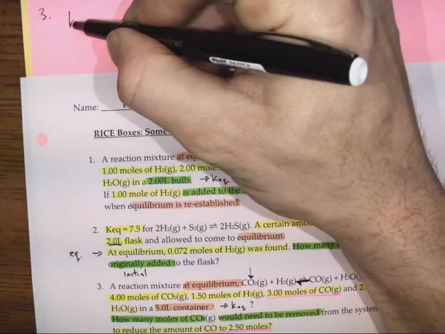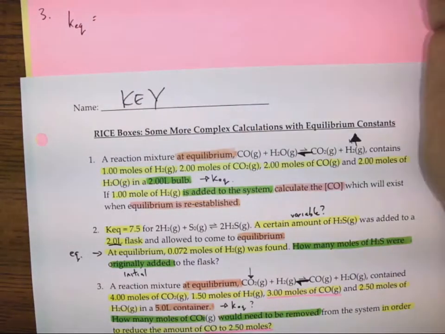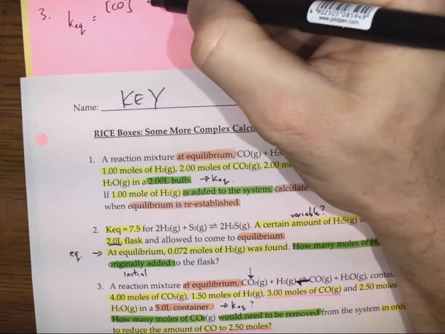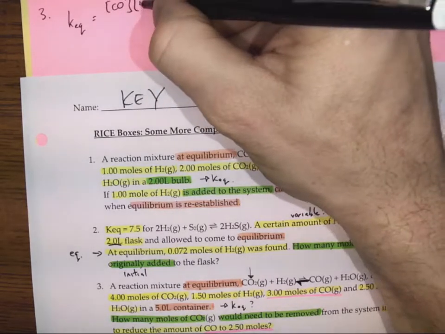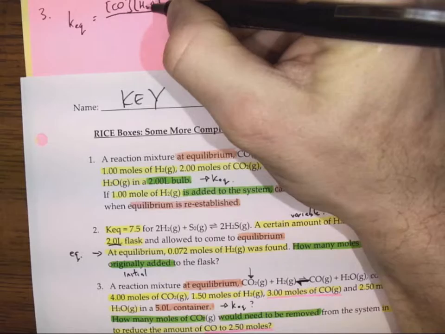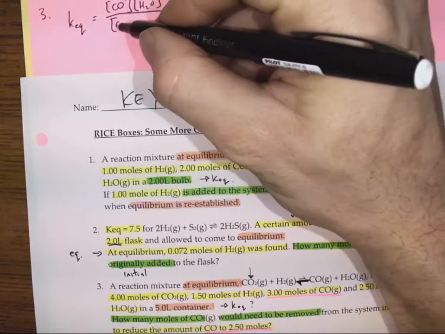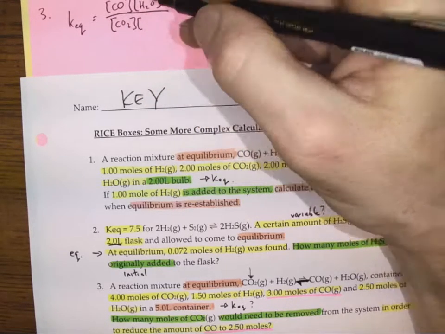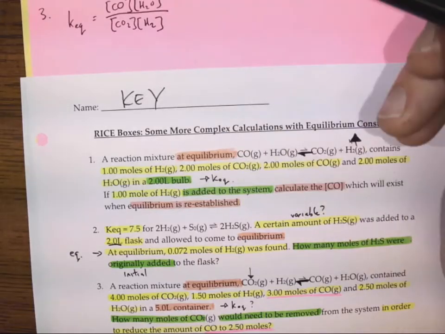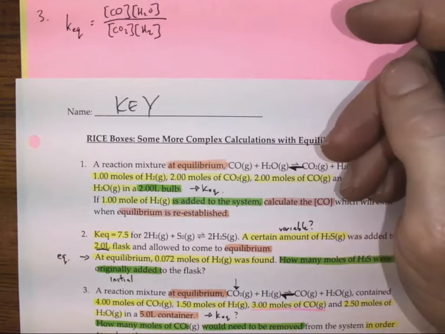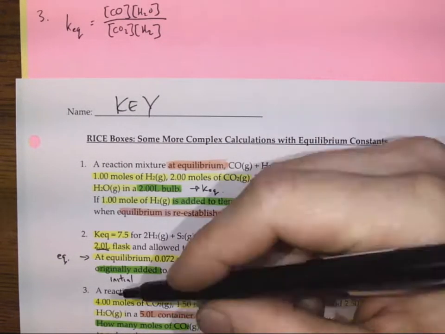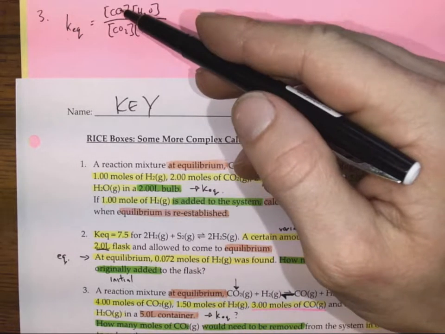Our equilibrium constant is going to be our concentration of carbon monoxide times our concentration of water divided by our concentration of carbon dioxide times the concentration of hydrogen gas. Okay, and what's our concentration of carbon monoxide?